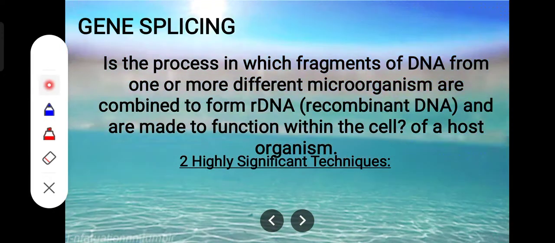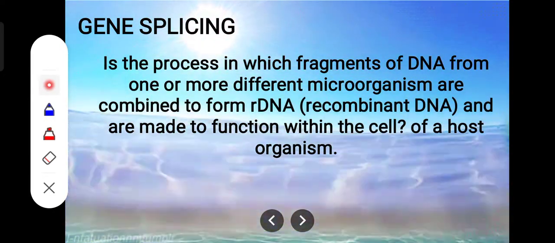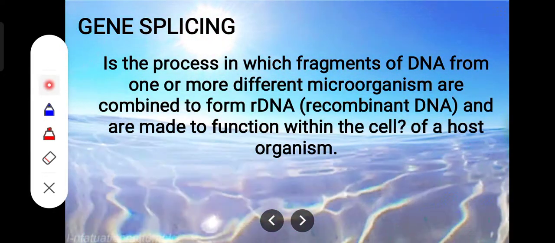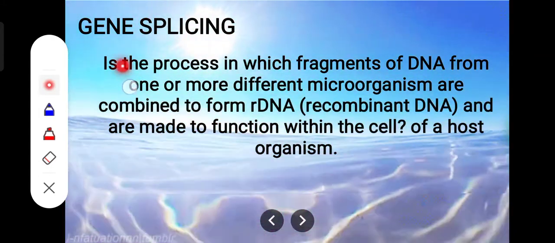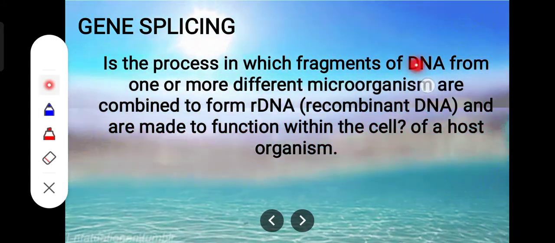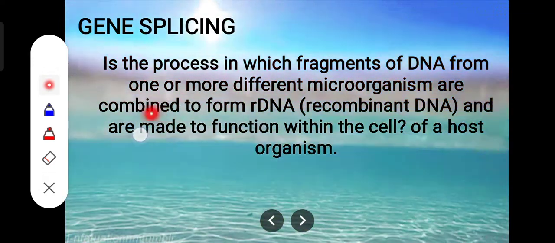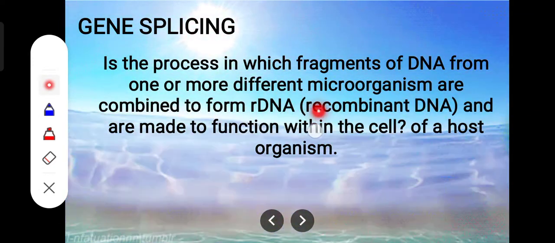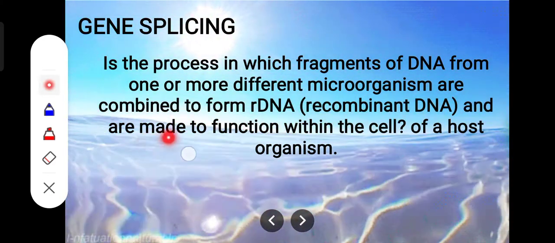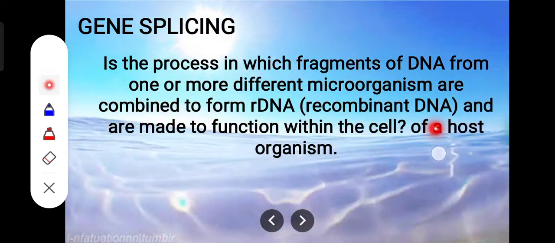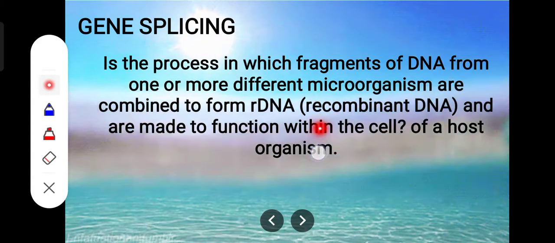Next we have here gene splicing. Gene splicing is the process in which fragments of DNA from one or more different microorganisms are combined to form the recombinant DNA and are made to function within the cell of a host organism.